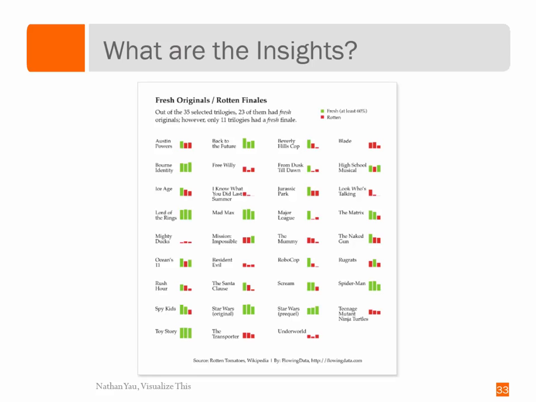It looks like it stayed rotten all the way through, and it got more revenue in the first installment, a lot less in the second. It got a little bit more revenue in the third, but the critical review is pretty much all rotten. Okay, so we can make some comparisons between the franchises of these trilogies, just with this simple color encoding and with the height of the bars.